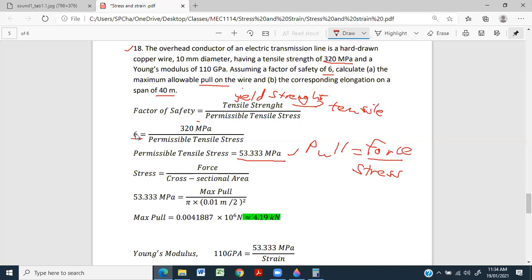So the wire is 10 millimeters in diameter. In electrical engineering, we call the diameter of the wire the gauge. So 10 millimeters is 0.01 meters, and we divide that by 2 for the radius, square it, and multiply by pi to get the cross-sectional area, which is what we did here.